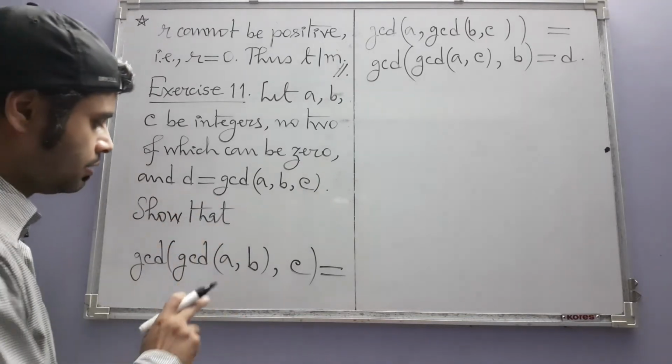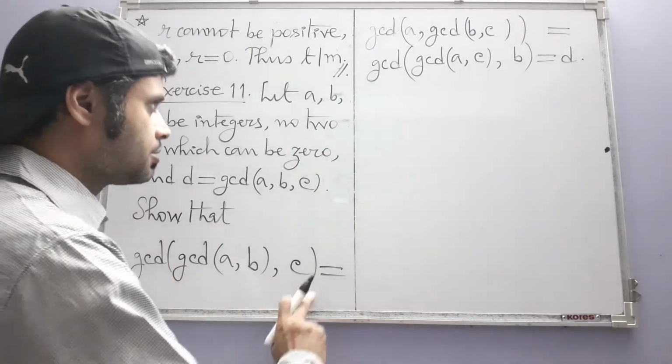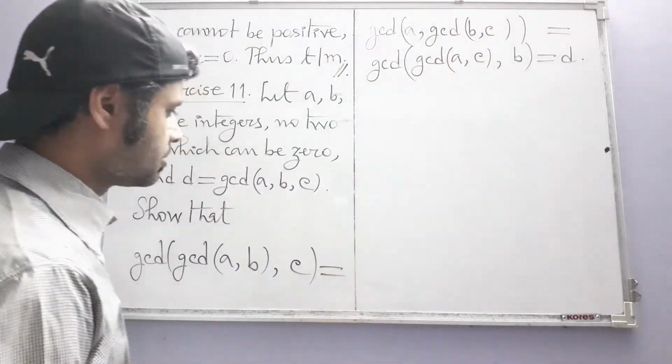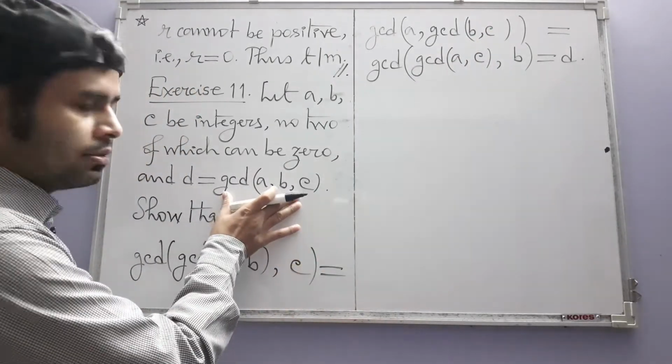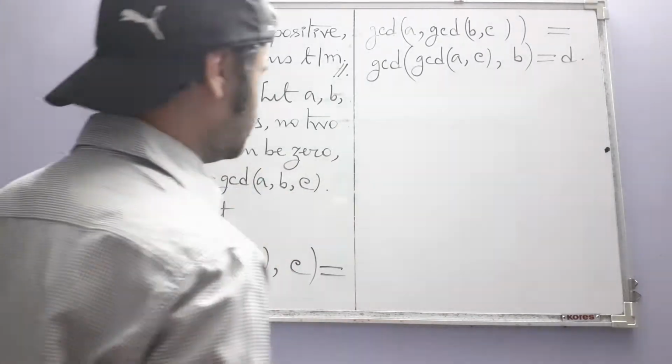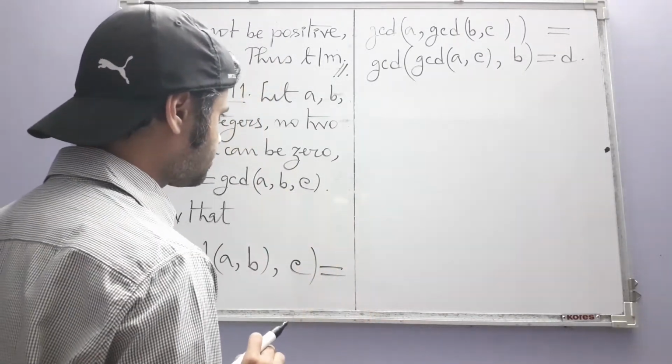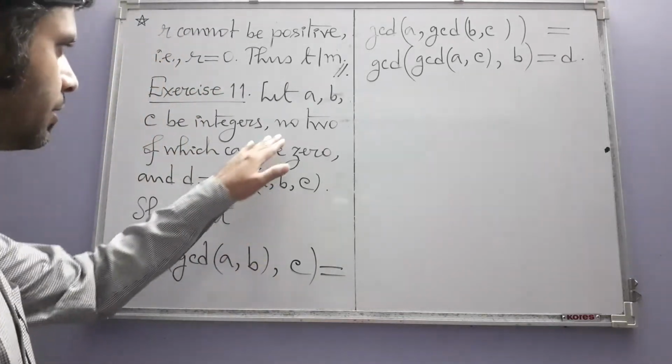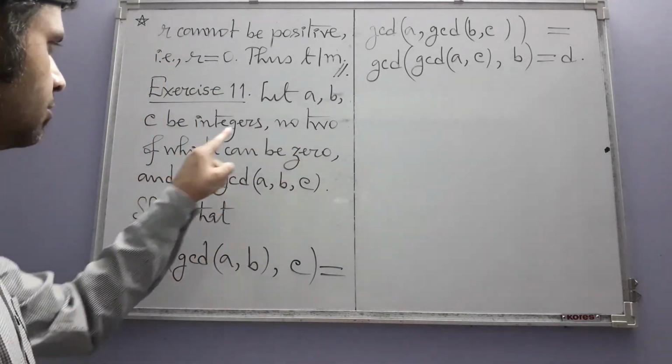Then what are we saying? If we are just simply writing this equal to this equal to this, then that has nothing to do with this. So it must be equal to D. In fact, it is equal to D. So let us now see, first of all, what this condition is saying.